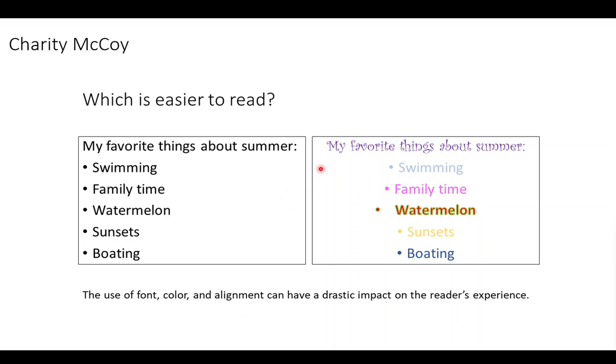Do you see how you have different fonts, different colors? This is center aligned and this is left aligned. And they make a difference in how easy it is to read something.